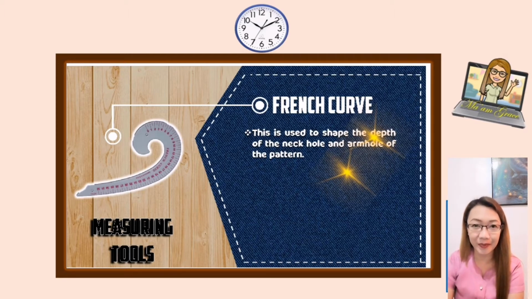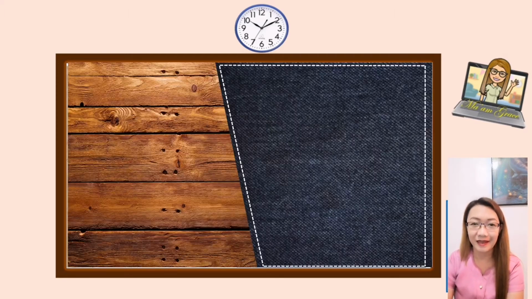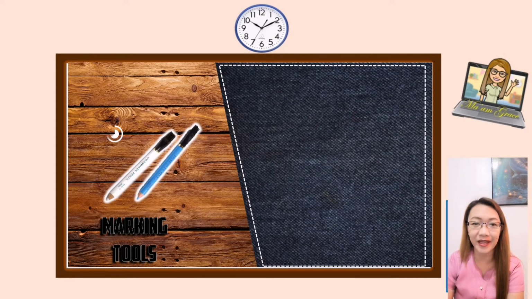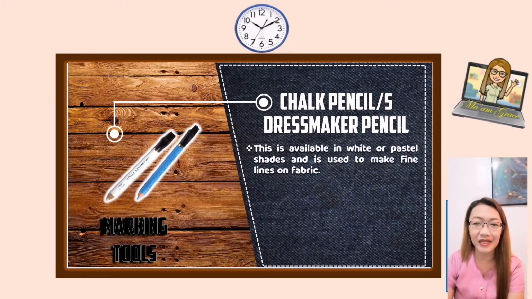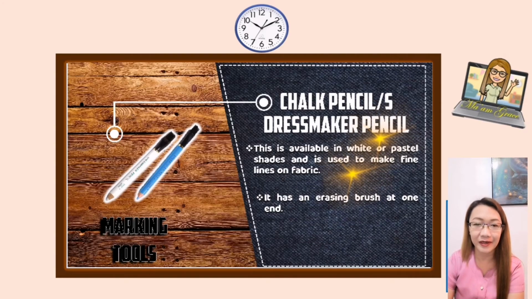After having the different measuring tools, let's now have the different marking tools. First on my list is the chalk pencil, or the dressmaker's pencil. The dressmaker's pencil is available in white or pastel shades and is used to make fine lines on fabric.